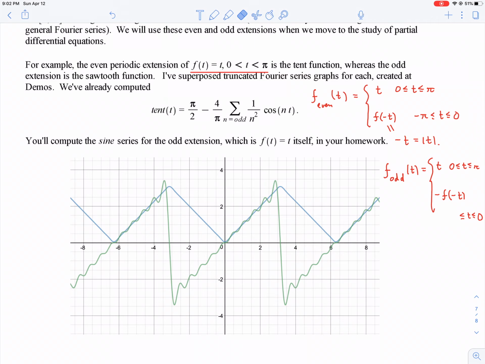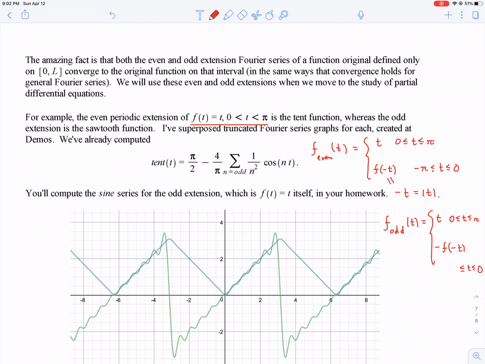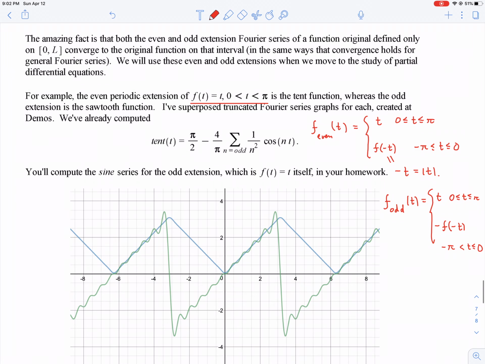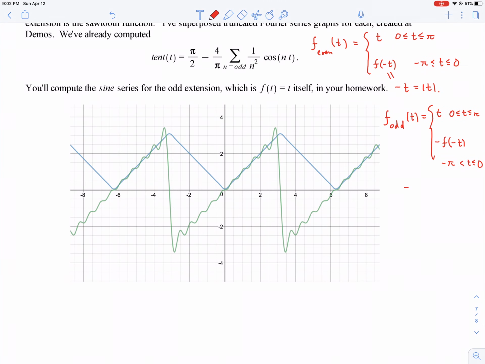And this has a jump, so I don't want to put equals there. Okay, and what is minus f of minus t?